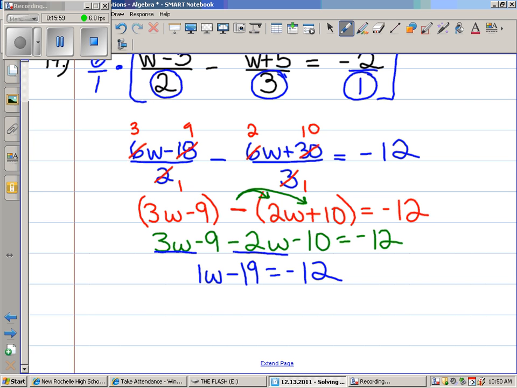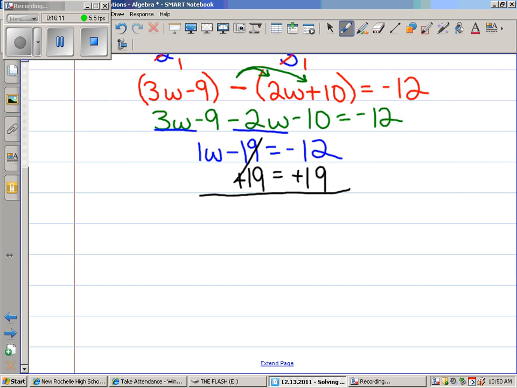What are we going to do? Yes, we are. We're going to add 19 to both sides. Very good. Wow, I'm very impressed. 1w equals 7. 1w is the same thing as me writing w. That's a good thing to remember.